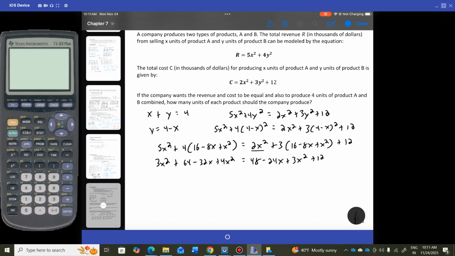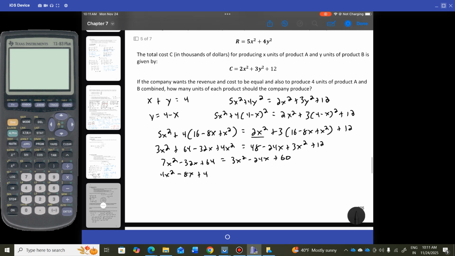Alright, I want to get everything on one side here as soon as I get common things together on each side. So 7x squared minus 32x plus 64 is 3x squared minus 24x plus 60. Alright, so now move this all over. We get 4x squared minus 8x plus 4 equals 0.